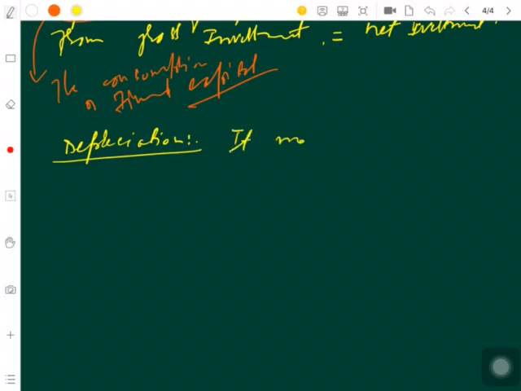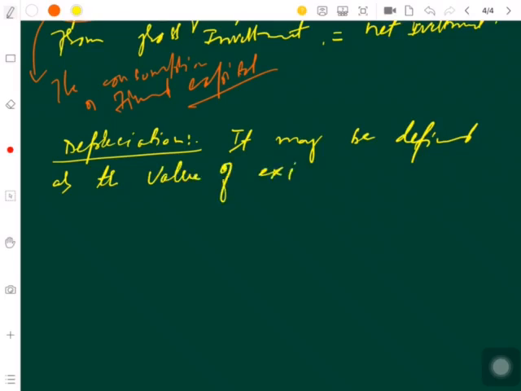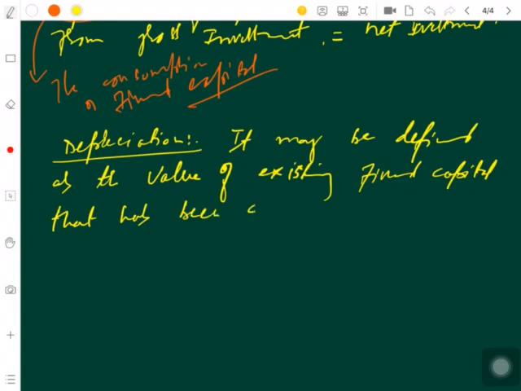It may be defined as the value of existing fixed capital that has been consumed in the process of production.